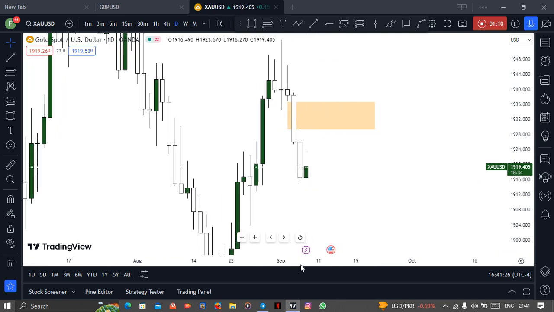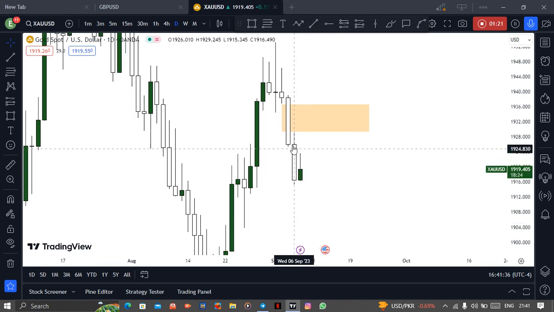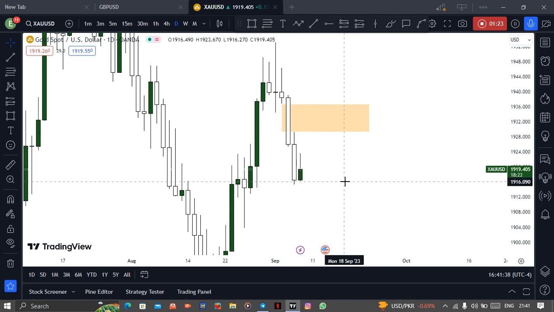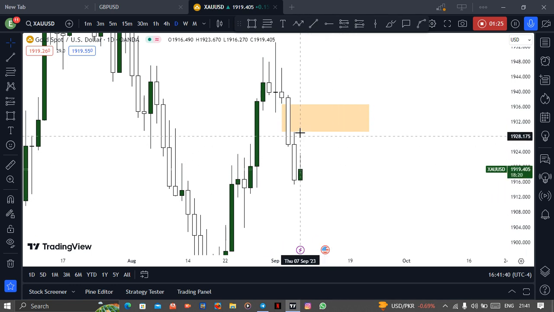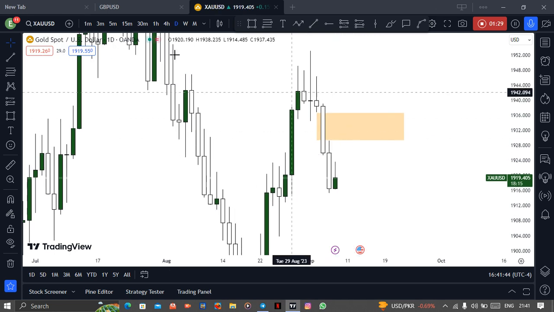No, that's not how you actually do it. You just have a draw on liquidity, then you take trades towards that particular zone. You don't need to hold your trade to get to that level because most of the times the market doesn't just trade straight to those areas you have highlighted.